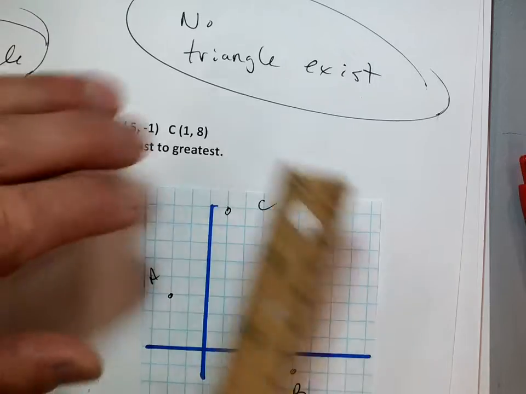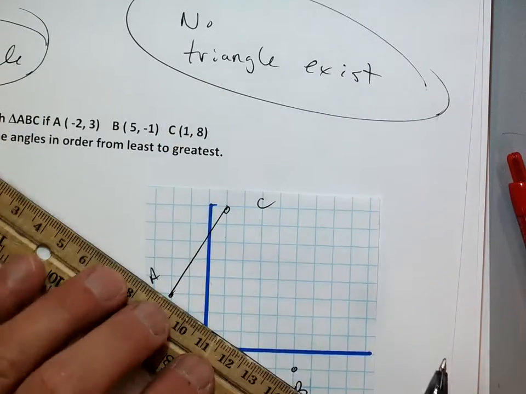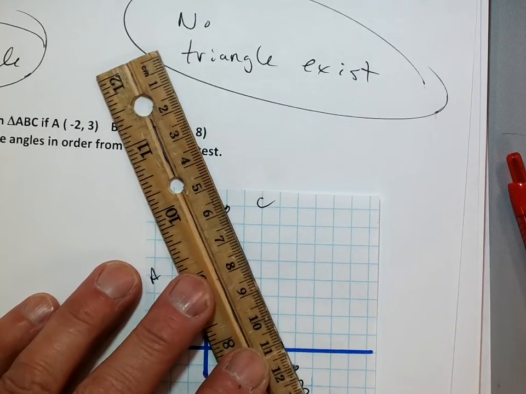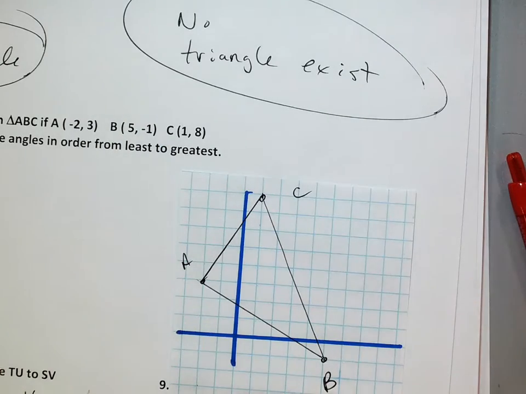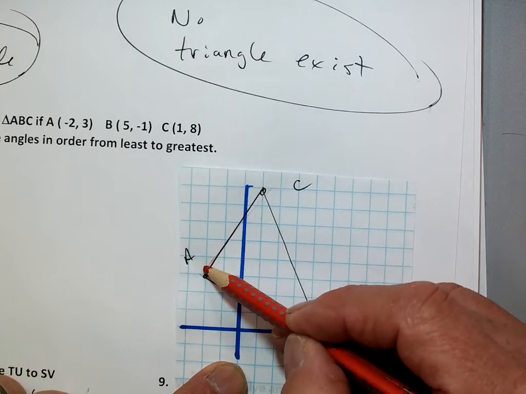Okay, now let me take a look at this. Now we can measure these sides, but I'm pretty sure I know which one's biggest and which one's smallest. Here we go. So I want the angles, but here's what I know. This is from least to greatest. That's the smallest angle, right? It's got to be the smallest angle because it's opposite the smallest side.